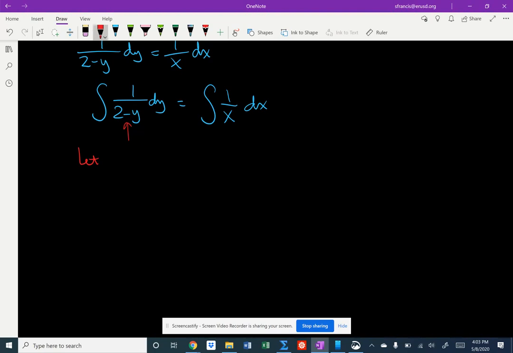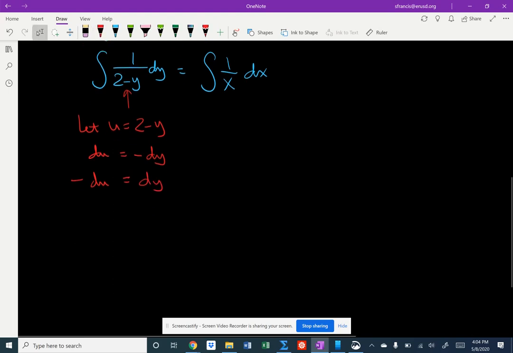So do a substitution here. Let u equal 2 minus y, so you can see what's going on. Then you're going to get negative dy over here. And so you have to balance out the dy with a negative du, which a lot of you didn't do, and that caused all kinds of problems.